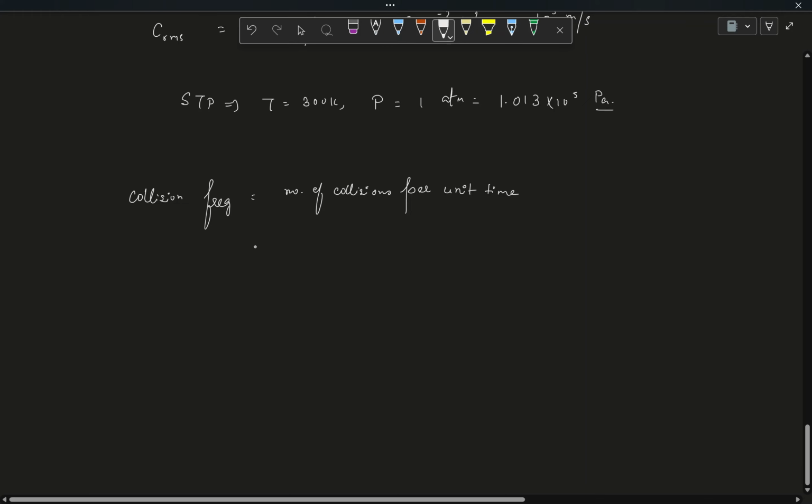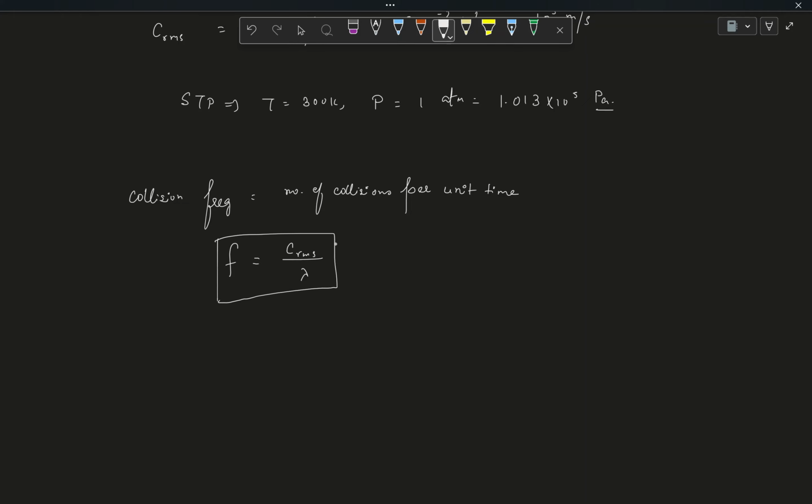There is a formula: collision frequency equals velocity divided by lambda, where the velocity will be the RMS velocity, or sometimes the average velocity of the gas molecules, whichever is given in the question. But basically the RMS velocity divided by lambda is your collision frequency.